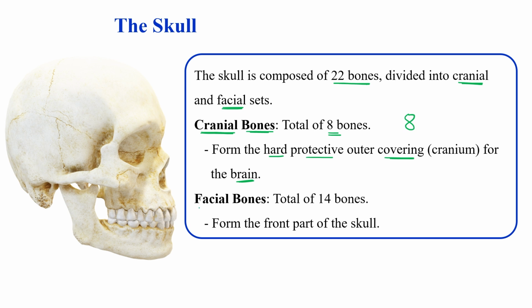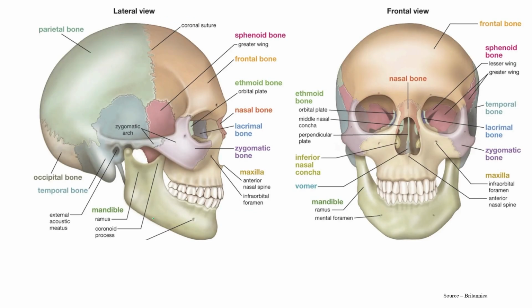Second part, the facial bones. The face is composed of 14 bones. So 14 plus 8, a total of 22 bones. That's why our skull is composed of 22 bones in total. Facial bones 14, cranial bones 8, which form the front part of our skull.